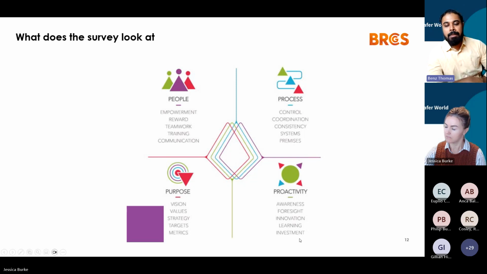Proactivity is about whether the people within the organization know what the risks are, and are they aware of their customers and suppliers? How do they innovate, invest, and continually learn and improve?